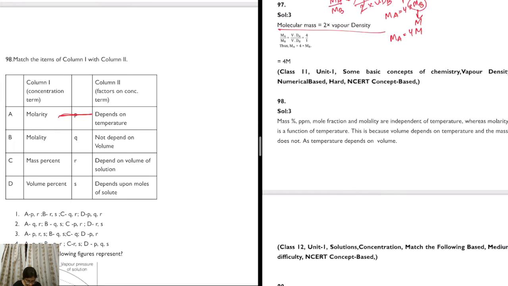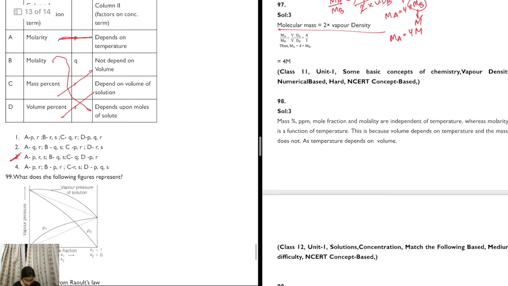Molality depends on the moles of solute. Volume percent depends on the volume of solution. Mass percent does not depend on volume. So our correct answer would be 3.